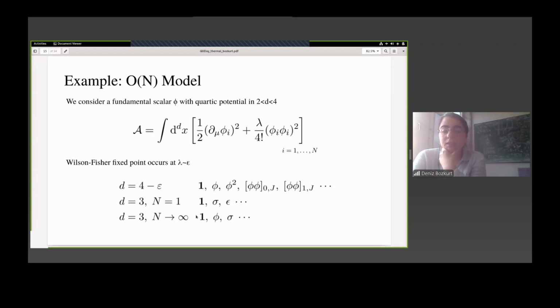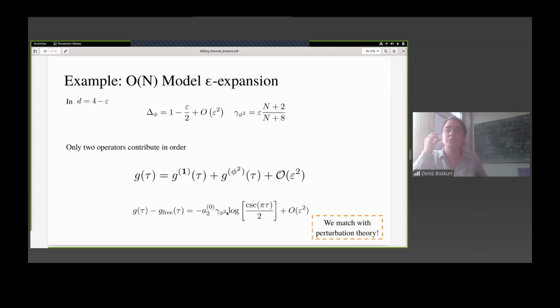And then the spectrum of the theory becomes again the identity. There is phi, but then there is this other sigma field which is coming from the Hubbard-Stratonovich transformation. And this is also an example that we want to consider. So maybe, okay, giving all of them at once was a bit too much, but we will use them.